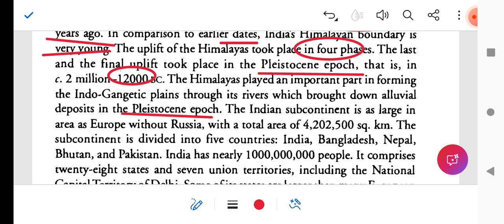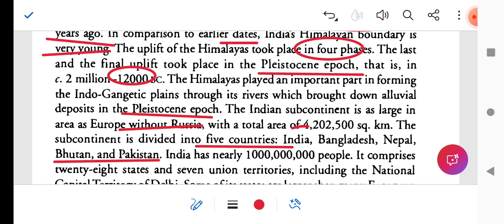in the Pleistocene epoch. The Indian subcontinent is as large in area as Europe without Russia, with a total area of around 42 lakh square kilometres. The subcontinent is divided into 5 countries: India, Bangladesh, Nepal, Bhutan, and Pakistan.